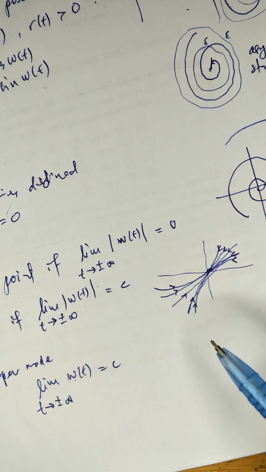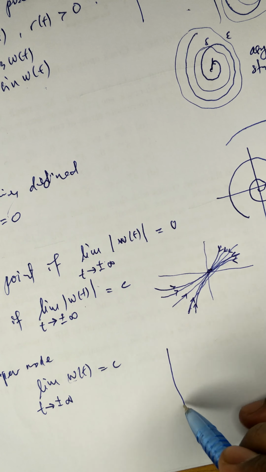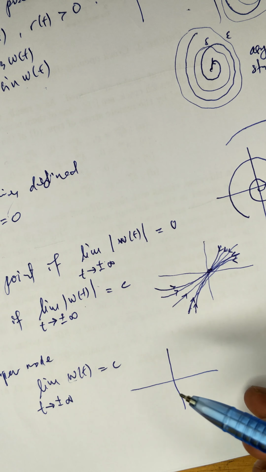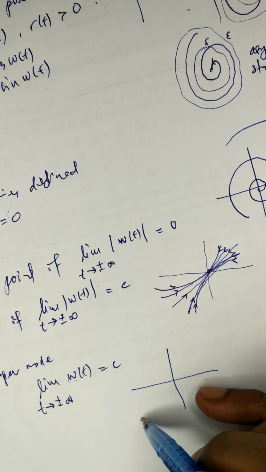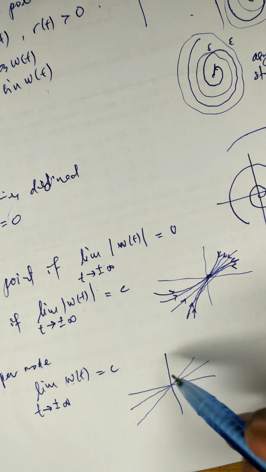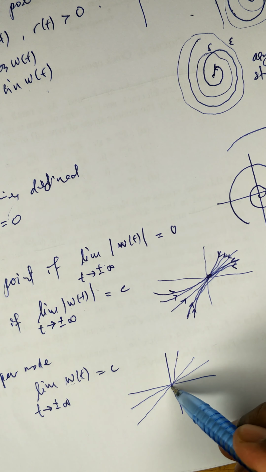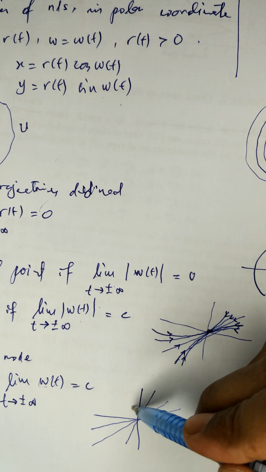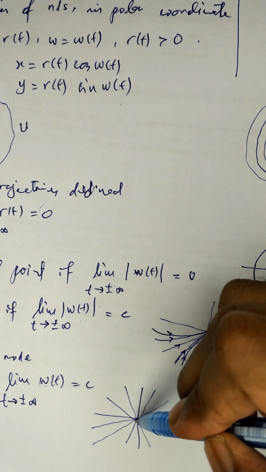So for the proper node, we have the trajectories in the form of a straight line. I think I gave the example for this, why we have this kind of form, right?